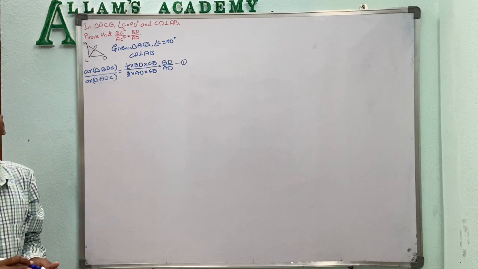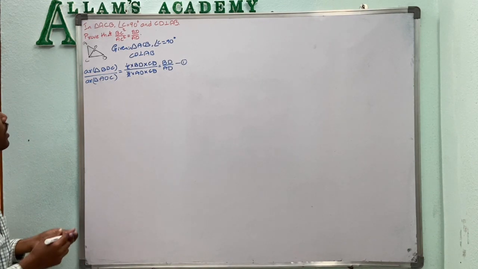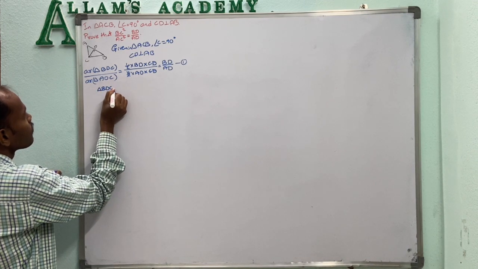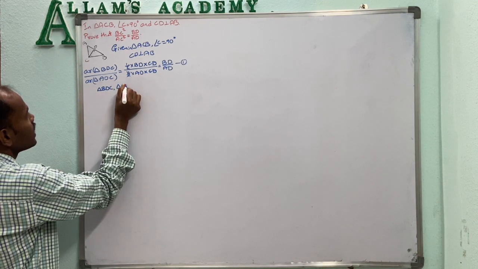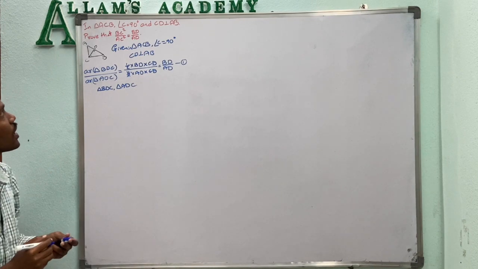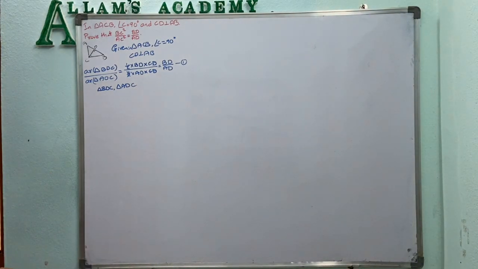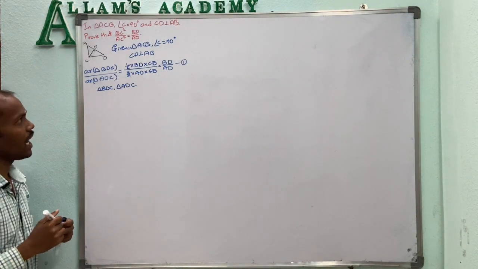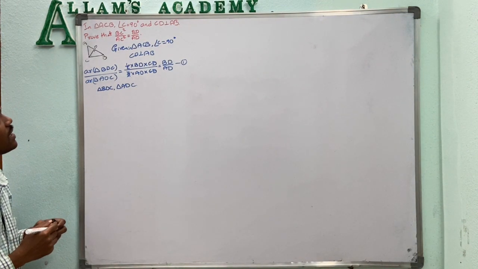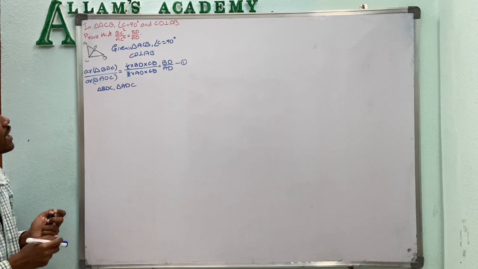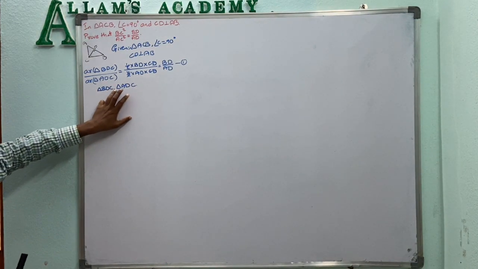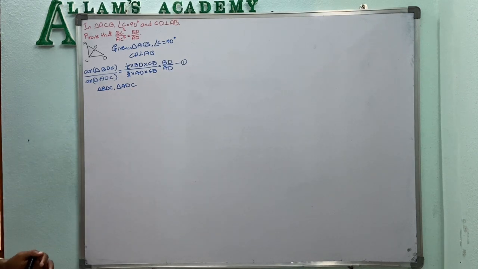Next, if we observe triangles BDC and ADC, in these two triangles angle D is the common angle, which is 90 degrees, and CD is the common side.